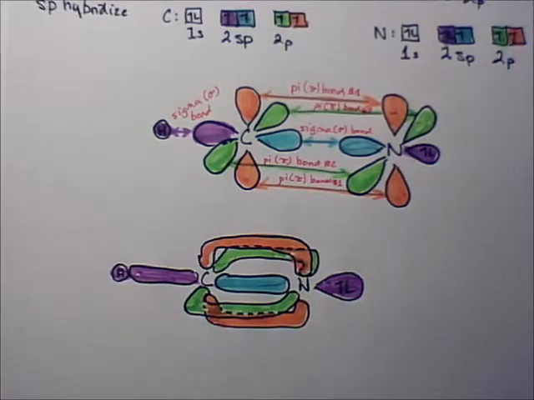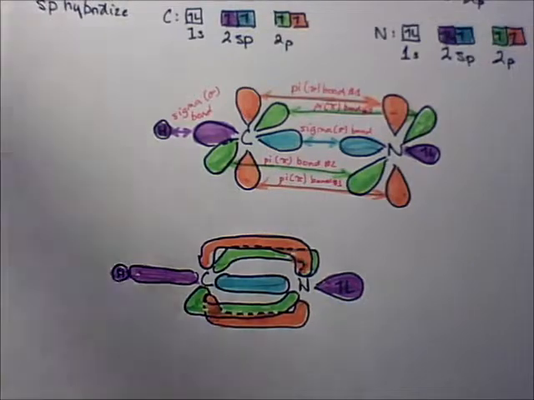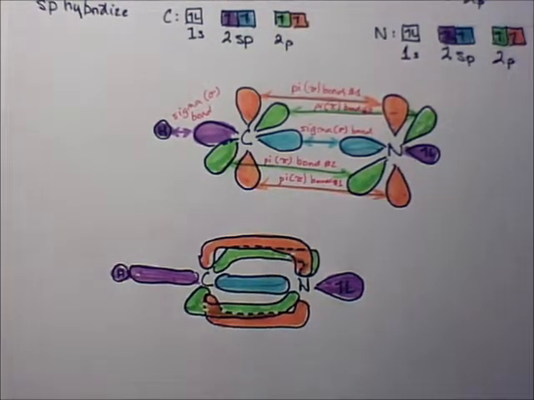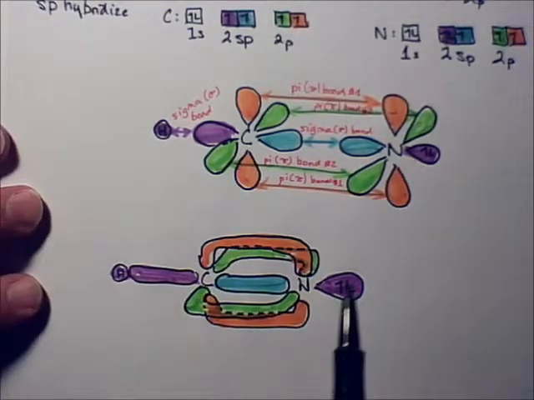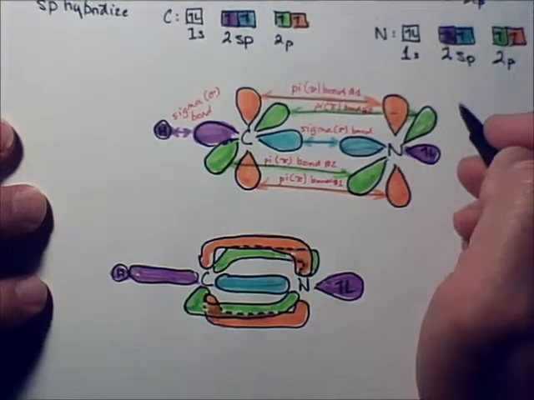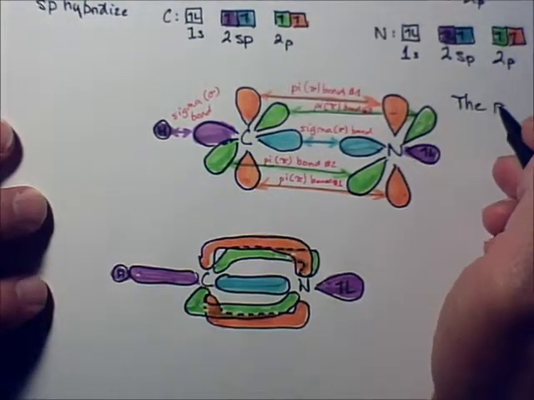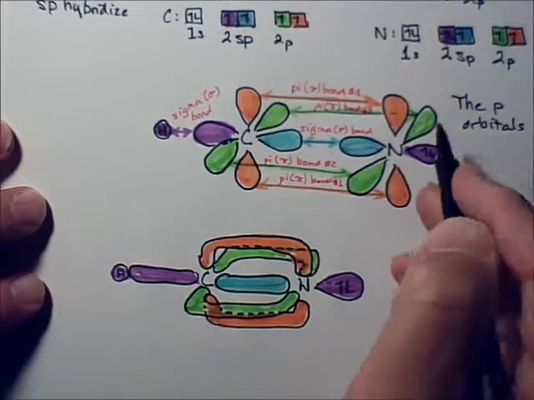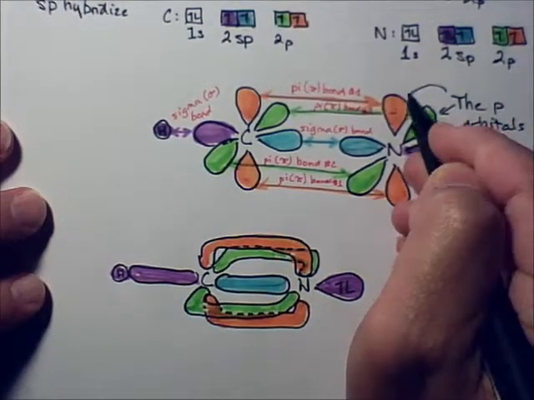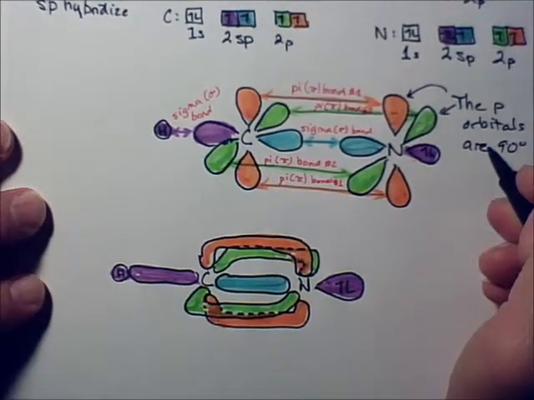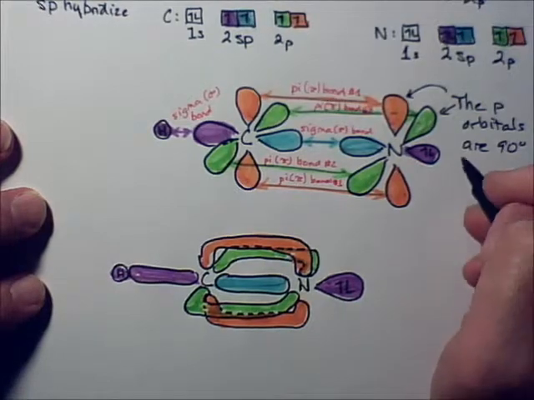All right. Are you getting the idea here, sort of, kind of? Okay. All right, now listen. So, here's what we have. Remember the p orbitals here. Okay, here and here are 90 degrees from each other.